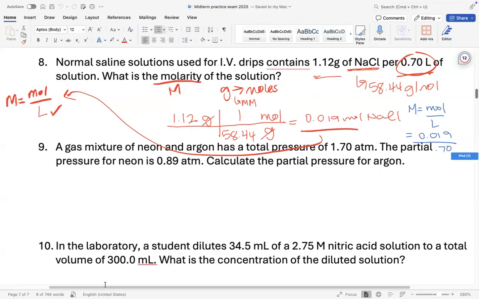Liters we got from the problem, 0.7. And so when I do 0.019 divided by 0.7, again, running out of room, I got 0.027 big M, which would be our final answer.